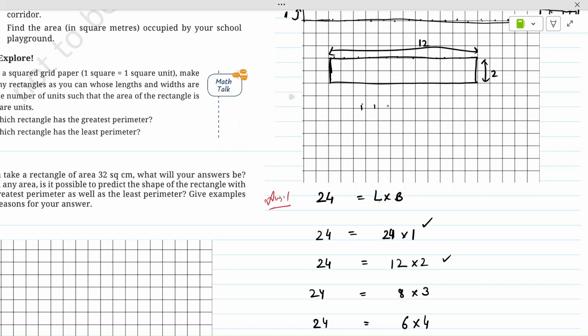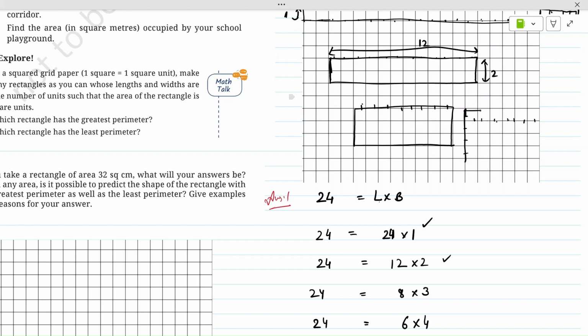So 1, 2, 3, 4, 5, 6, 7, 8 and 3. So this is 8 into 3. And the last one we have 6 into 4. So for 6 into 4, I'm drawing here 1, 2, 3, 4, 5, 6, plus 4, 1, 2, 3 and 4.